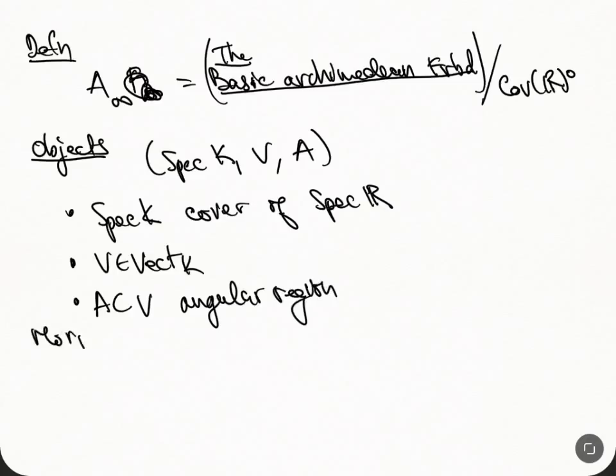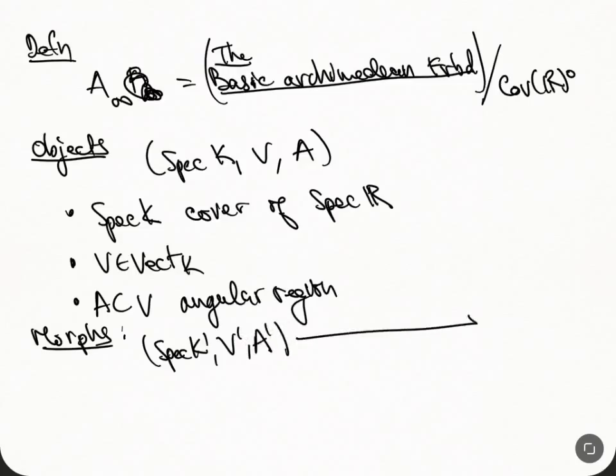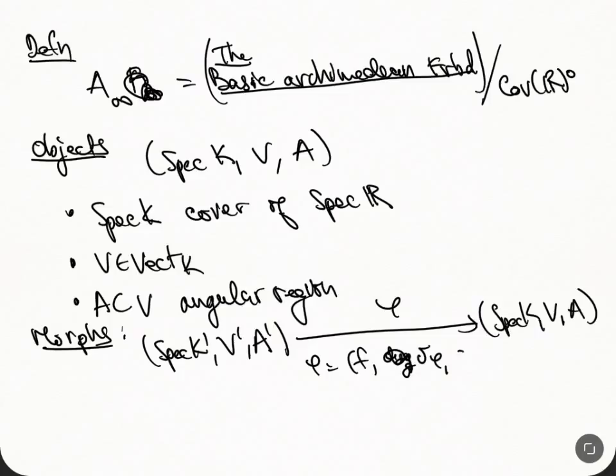Okay, morphisms are like so. I'm going to try and fit it onto this page. Spec K prime, V prime, A prime maps via phi to spec K, V, A, where phi is three parts. It is, maybe I should do this, sigma, and then degree phi, which I'm going to call D, such that F phi is just the cover map.